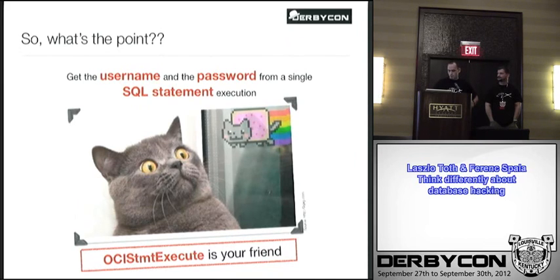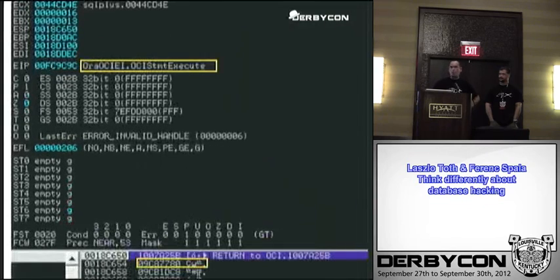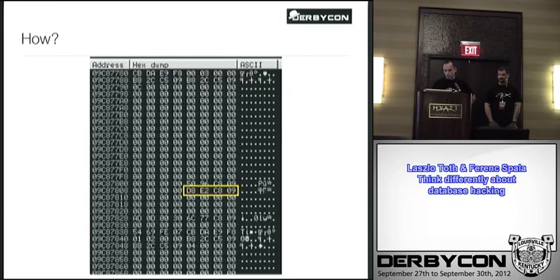It's a screenshot from OllyDbg, because in every hacker presentation there must be a screenshot from a debugger. So here it is. We set a breakpoint to OCIStmtExecute, and we are interested in its first parameter. It's a pointer, of course. If you follow that pointer, you will get an OCI structure. In this structure, there is another pointer.